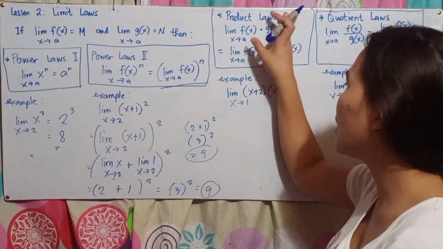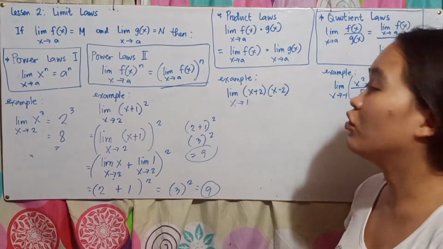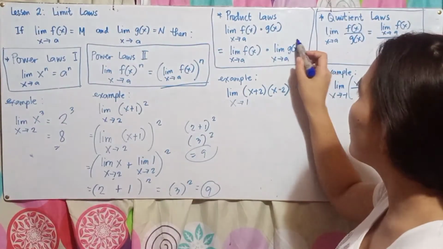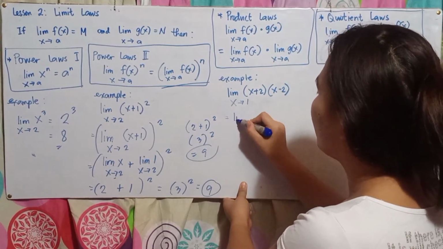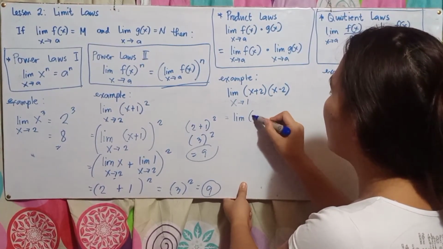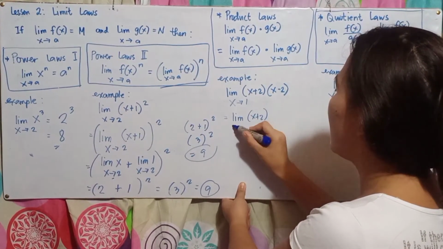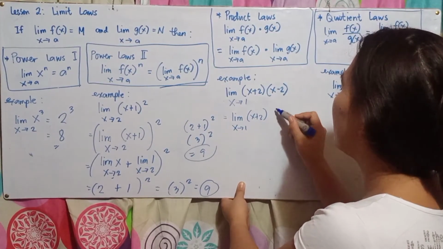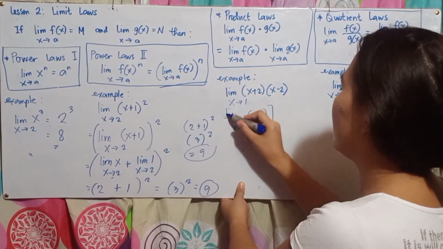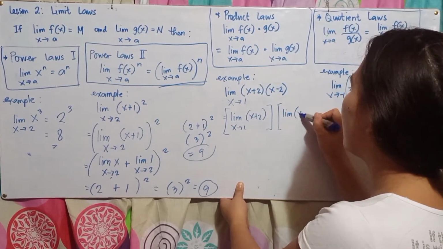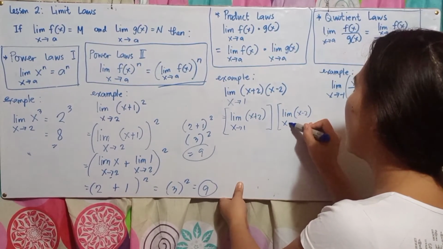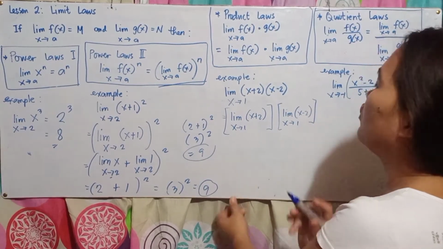So, this falls under the product law, where we multiply them. So, this is the process: take them one by one, the limit of x plus 2 as x approaches 1, multiplied by the limit of x minus 2 as x approaches positive 1.